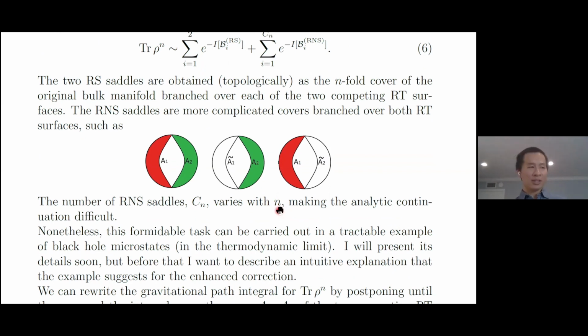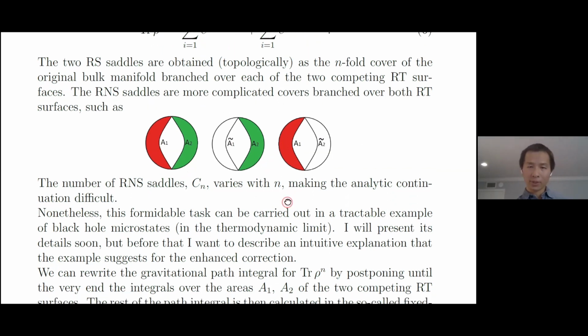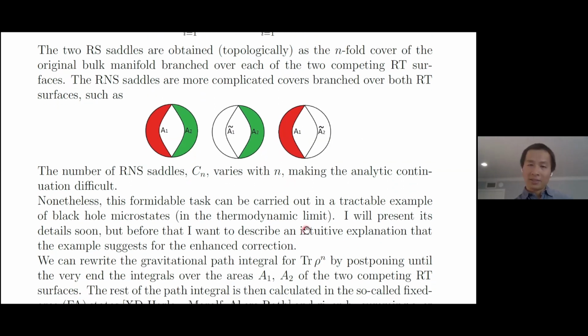I should mention that there is another example that was carried out in similar fashion, discussed in the appendix of the West Coast replica wormhole paper. There, a similar square root of 1 over G correction is found that smooths out the phase transition. So this is a different example that I'm going to present.